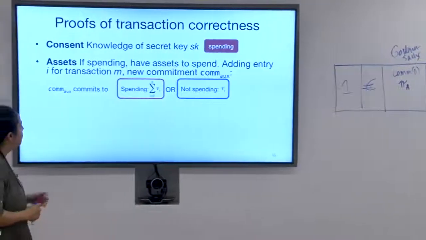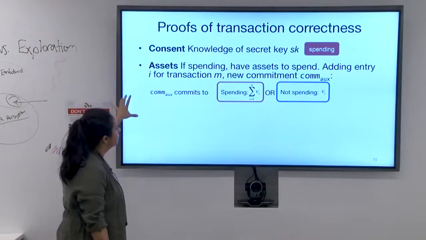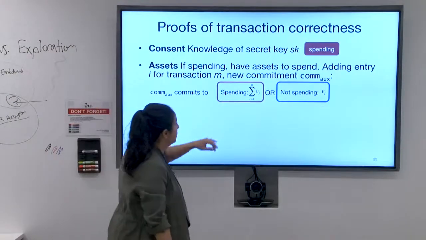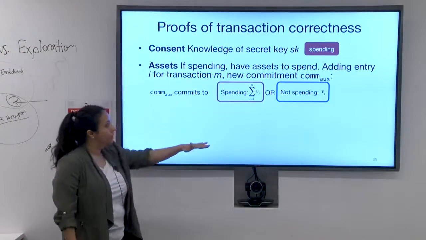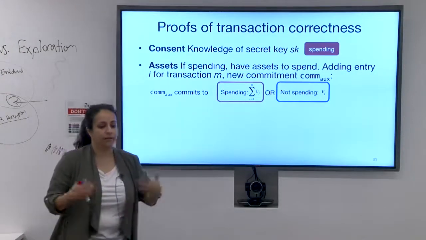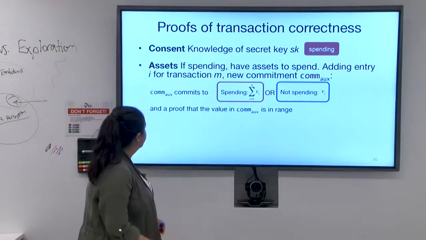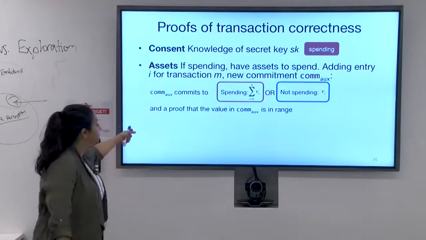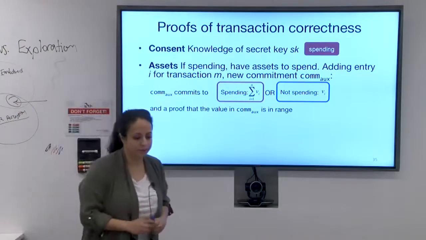The proof of assets is constructed to look like this. It's a new commitment, either to the sum of the values in the column, or if you're not the spending bank, a commitment to the value. And it also includes a proof that the value in this auxiliary commitment is in range. So what do I mean by that?